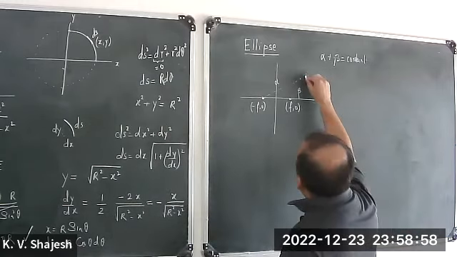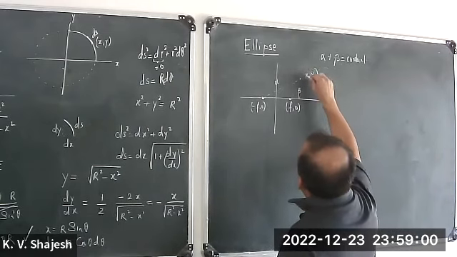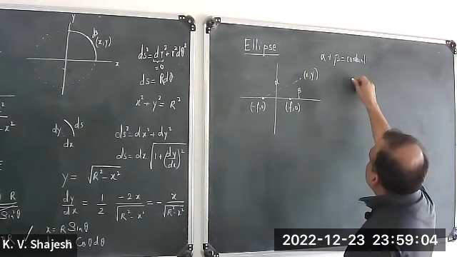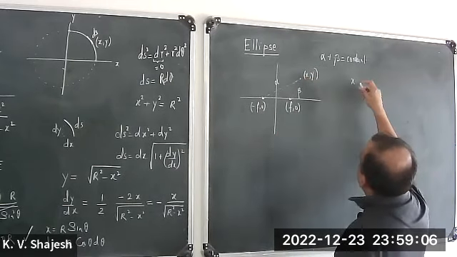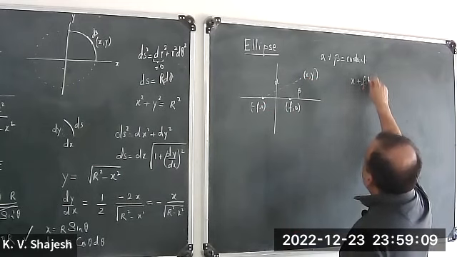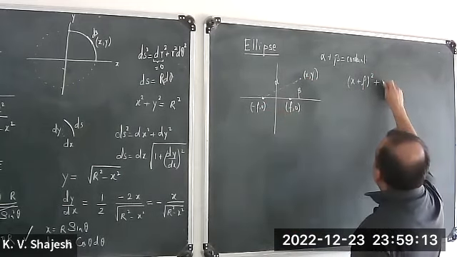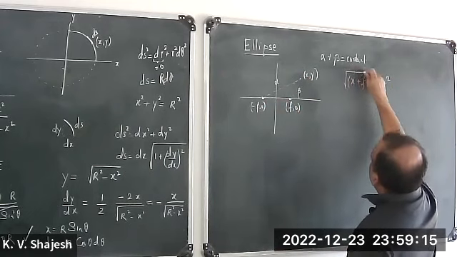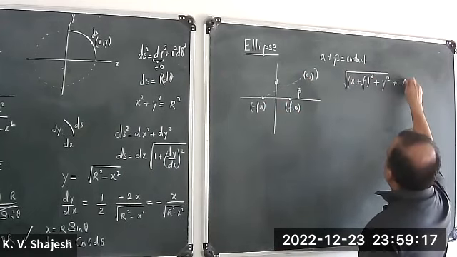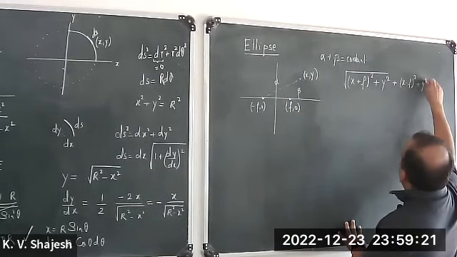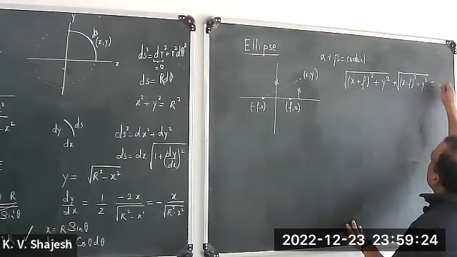So this is my x comma y, and we want to see all possibilities. The distance alpha will be the square root of x plus f the whole square plus y square, and beta would be the square root of x minus f the whole square plus y square, and that has to be equal to a constant.